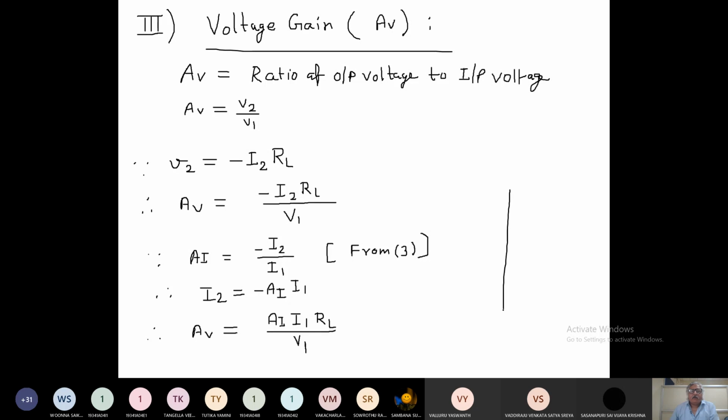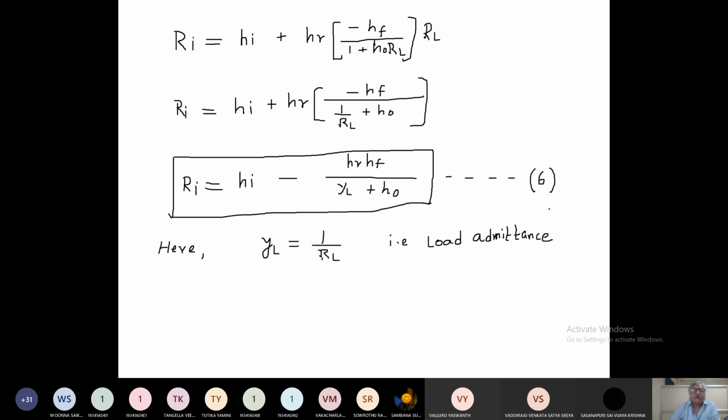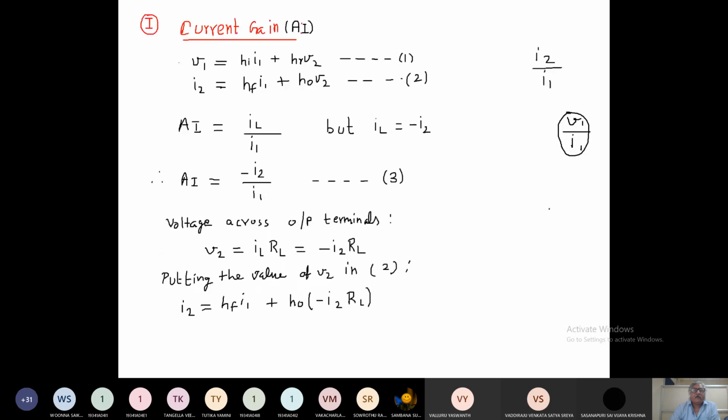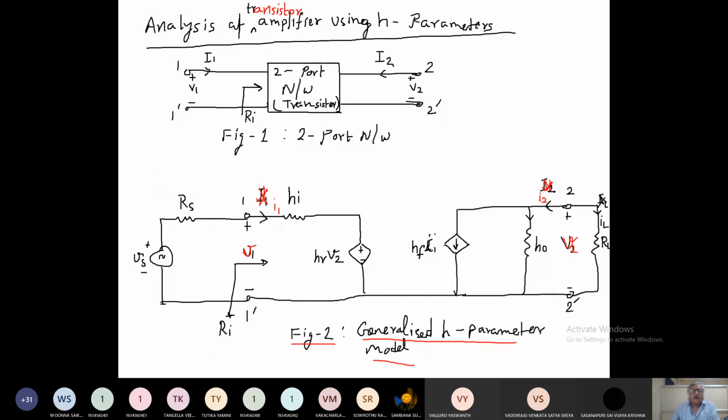Now, what is the input resistance Ri? Already we have done this. You can see here, the input resistance Ri, we are looking here.